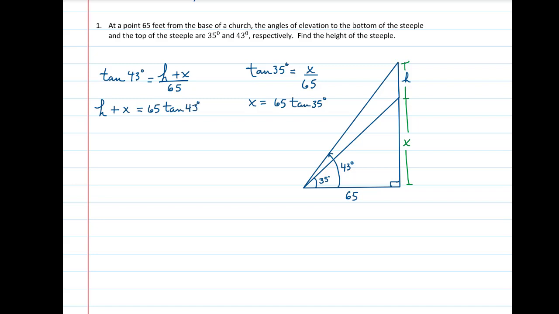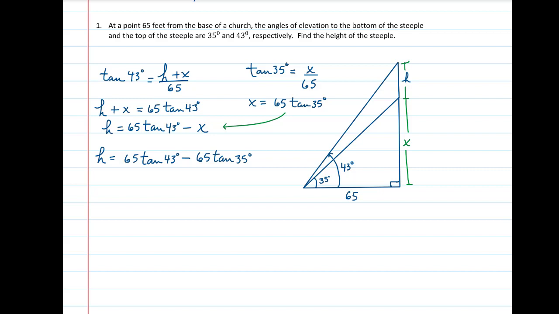And then obviously we can subtract x and move it to the other side, and we'll get 65 times tangent of 43 degrees minus x. And we already have x over here, so we're going to go ahead and plug that in, and we'll have h equal to 65 tangent of 43 degrees minus 65 tangent of 35 degrees.